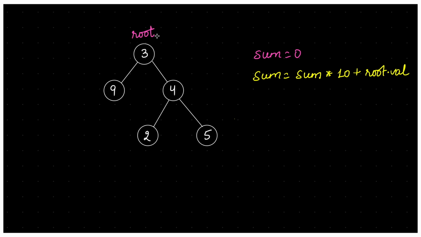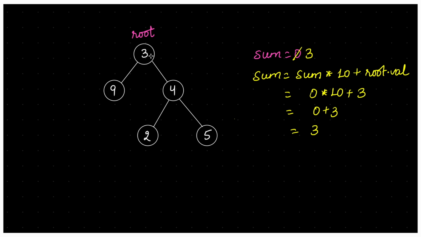This root is not null, it is a non-null value. So I'll say, what is the current sum so far? It's 0 times 10 plus the current root value, which is 3. If you solve it properly, it would be 0 plus 3, and eventually you will get 3. So now the sum has become 3.